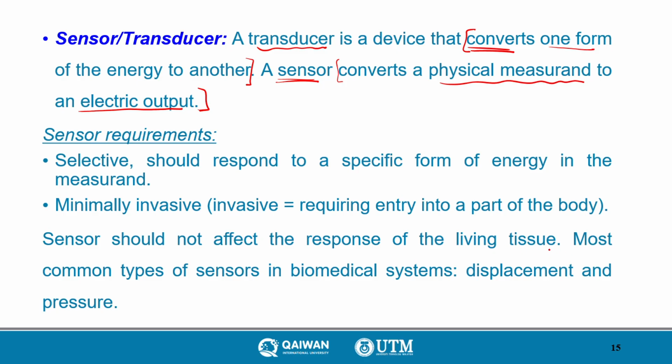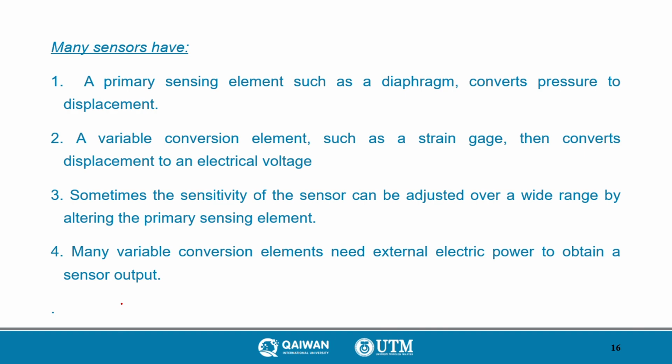The most common types of sensors in biomedical systems are displacement and pressure sensors. Many sensors have, number one, primary sensing elements such as a diaphragm that converts pressure to displacement, and a variable conversion element such as a strain gauge that converts displacement to an electric voltage.